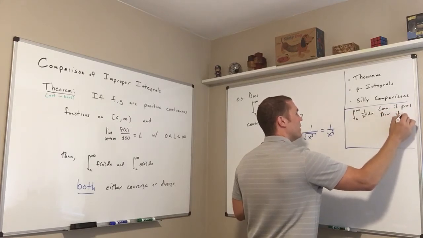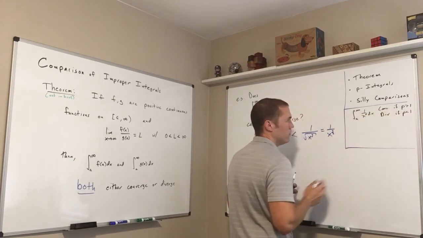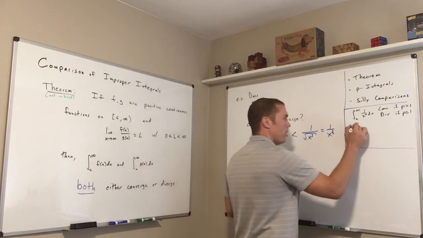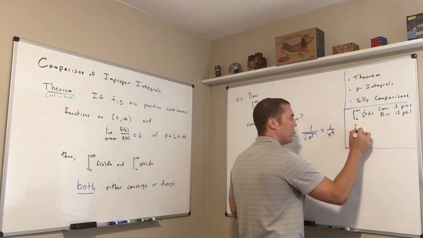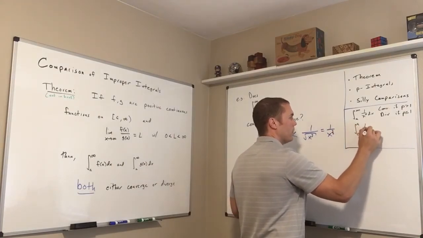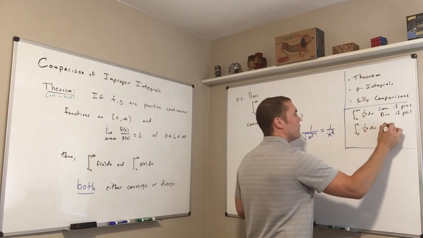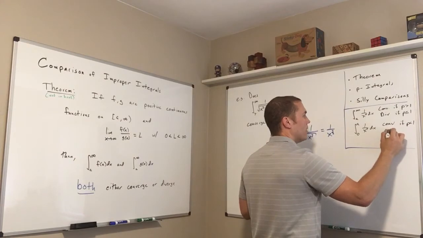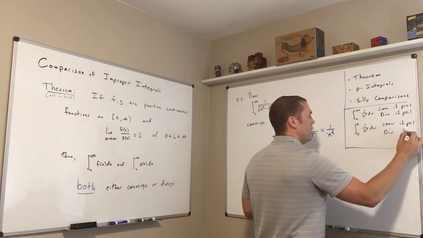It diverges if p is less than 1. Less than or equal to 1, actually. Also, we know the integral from 0 to a of 1 over x to the p dx. This is the reverse, converges if p is less than 1, diverges if p is greater than or equal to 1.